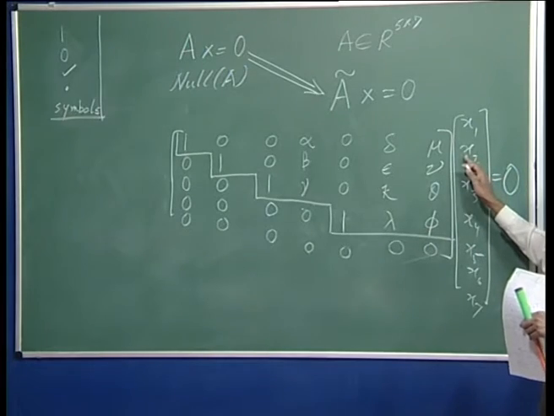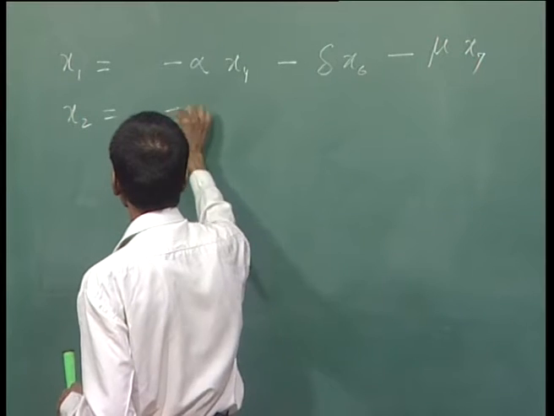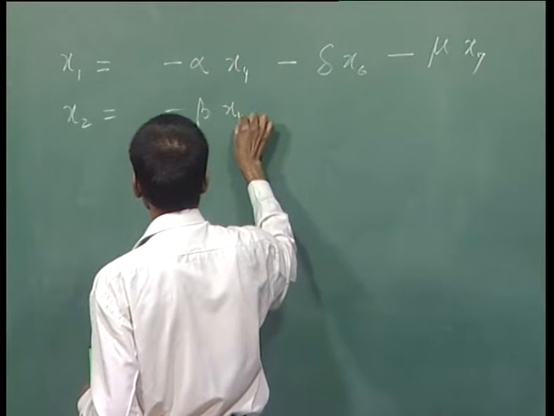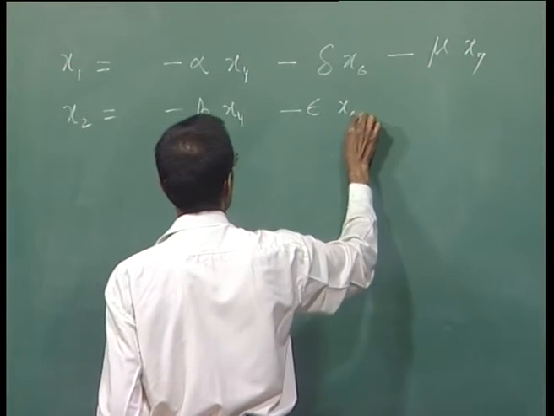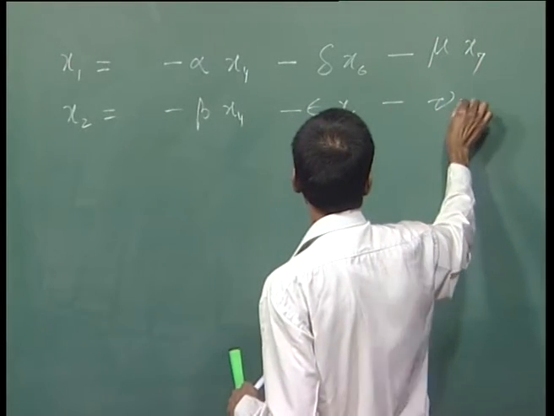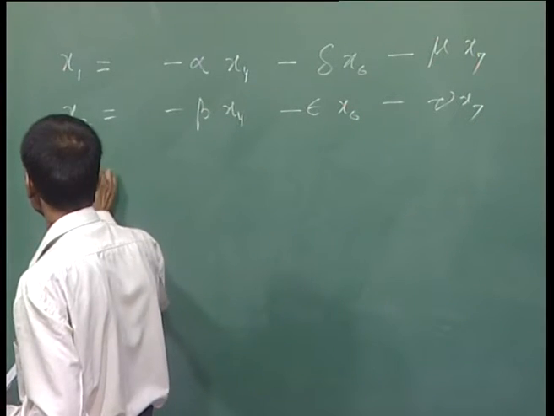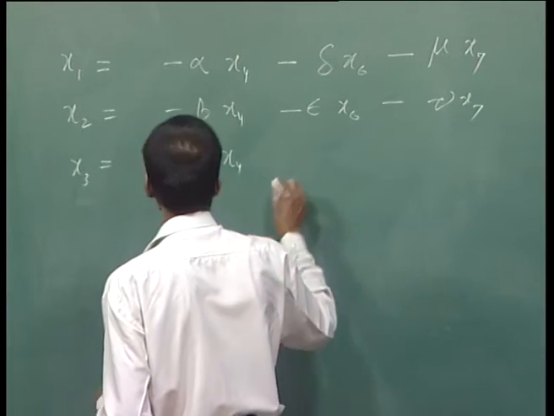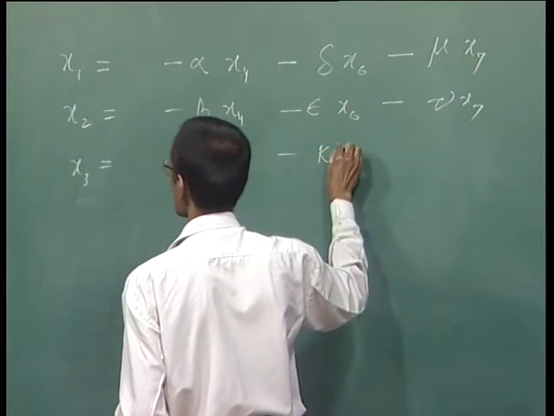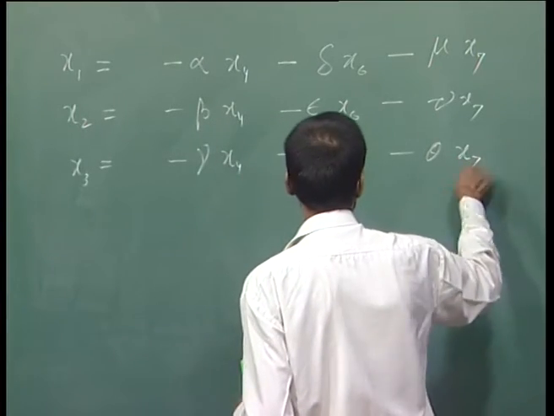So, keeping x2 on one side, we take everything else on the other side, and then we get minus beta x4 minus epsilon x6 minus nu x7. From the third row, we similarly get x3 as minus gamma x4 minus kappa x6 minus theta x7.